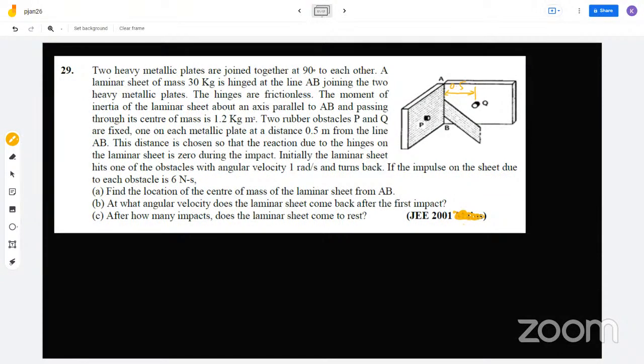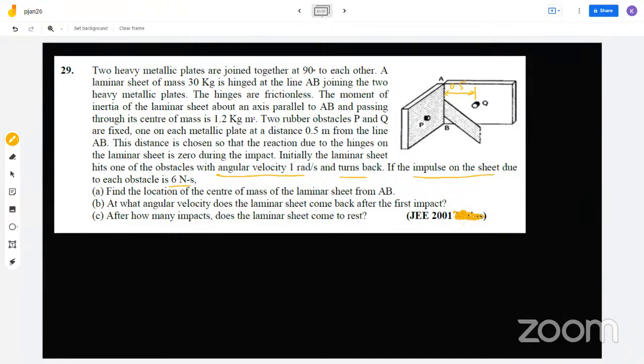Initially the laminar sheet hits the obstacles with an angular velocity of 1 radian per second and turns back. Say this is our door, it hits the door stopper and turns back. If the impulse on the sheet is this, we have to calculate it.